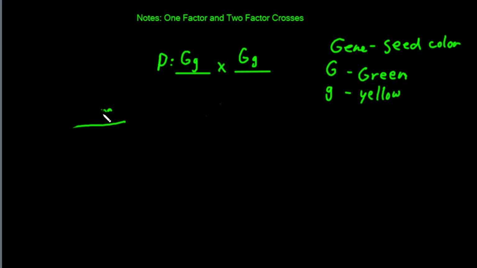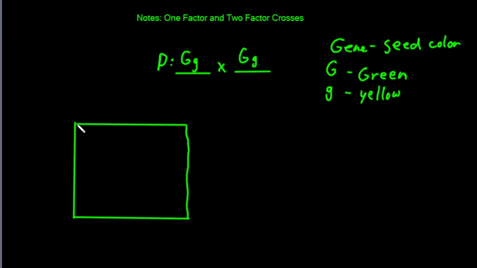At that point, then we will fill in our monohybrid cross square. And so I'm just going to sketch the square real quickly. Ooh, that one line over there is not very good. Just ignore that.